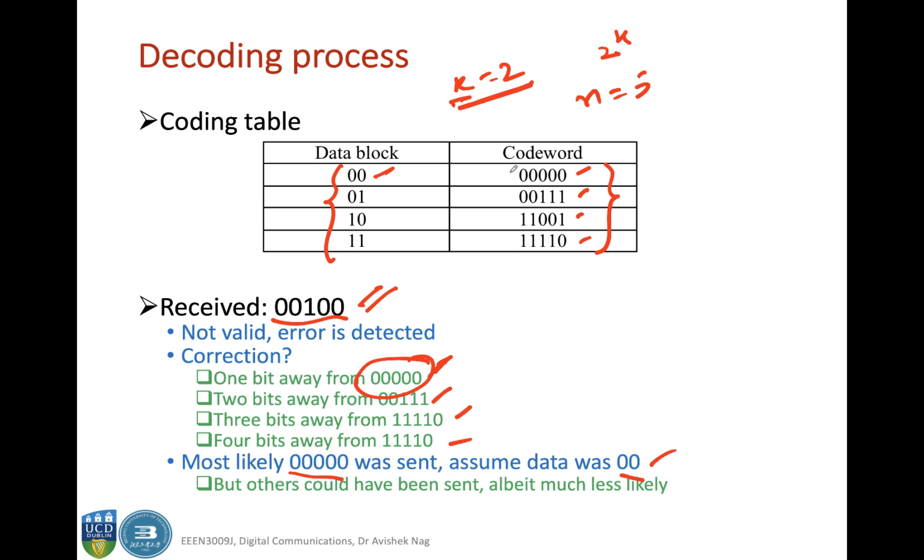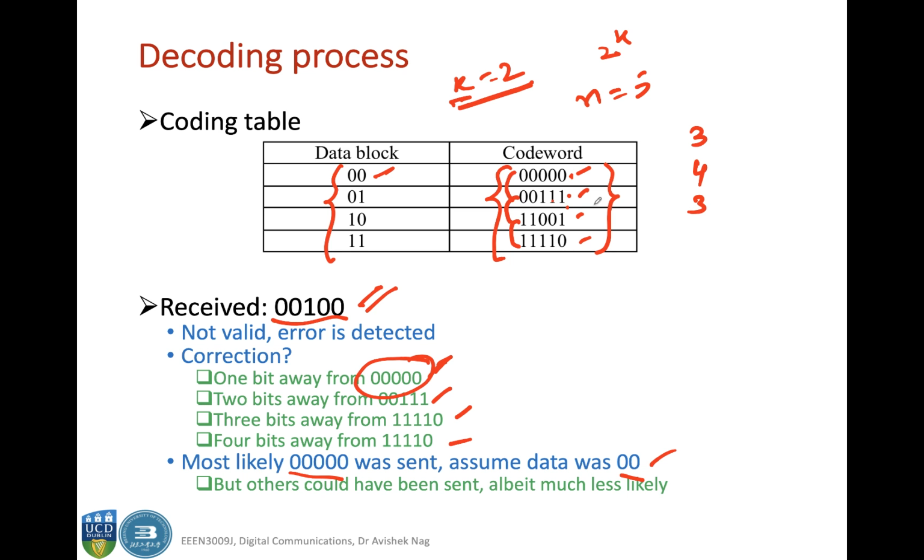If you look into all these code words and calculate the individual Hamming distances, for example between these two the Hamming distance is 3, between these two the Hamming distance is 4, between these two the Hamming distance is 3 again.